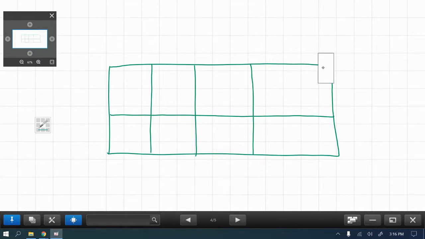These are supposed to be all the same size. These are our 15 by 15s.